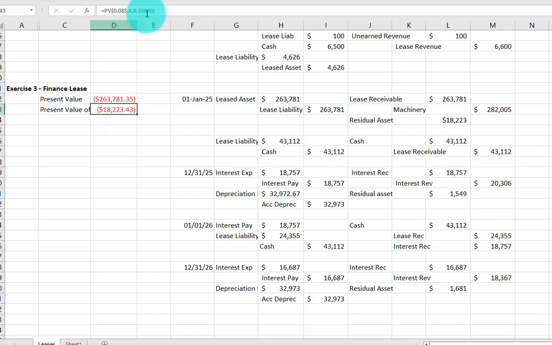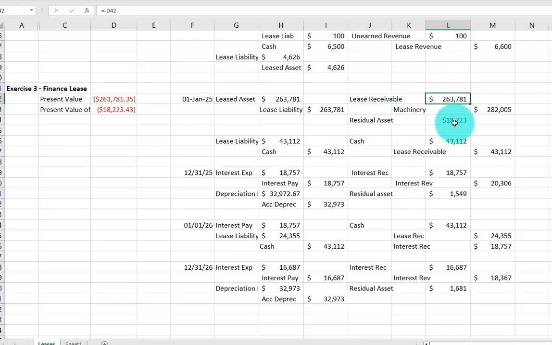The present value of the residual, as we call it, is calculated here, using the same rate and everything. But we have two pieces. The lease receivable, that's what we expect to get in the payments, which matches the lease liability.